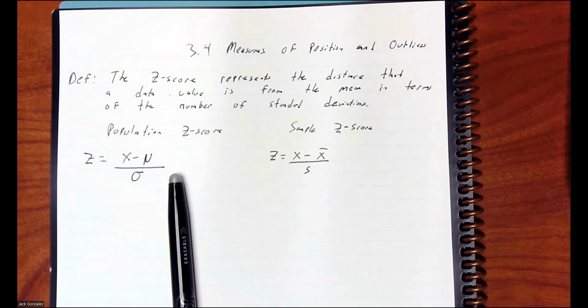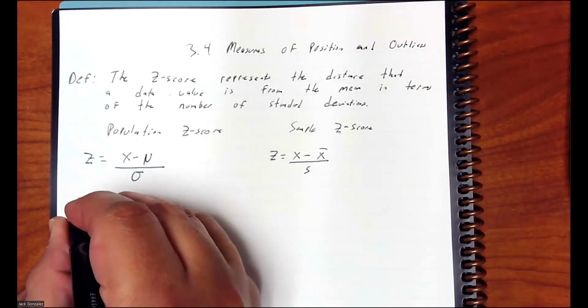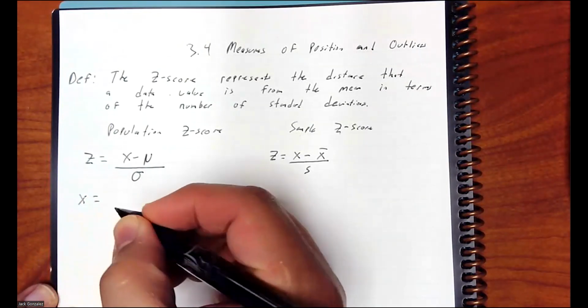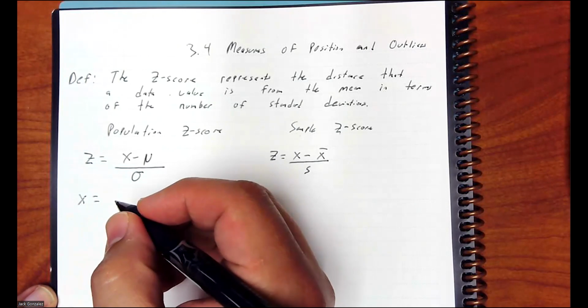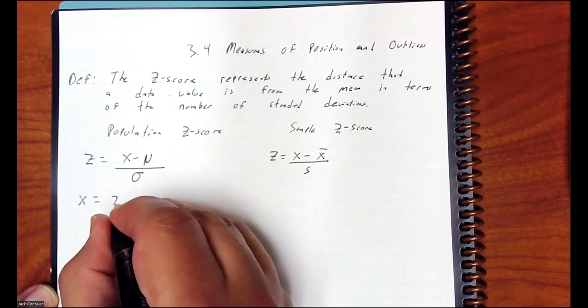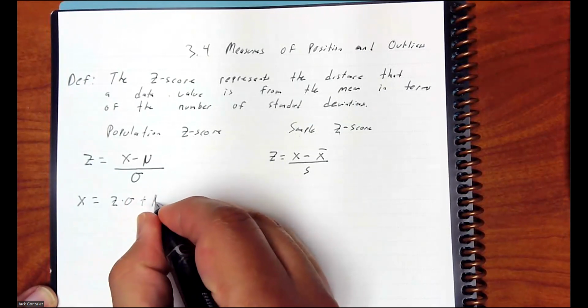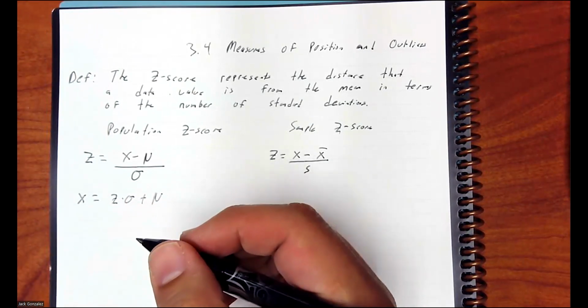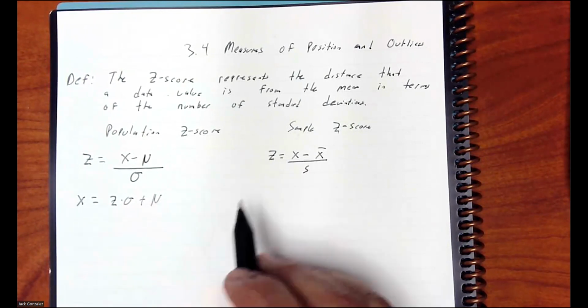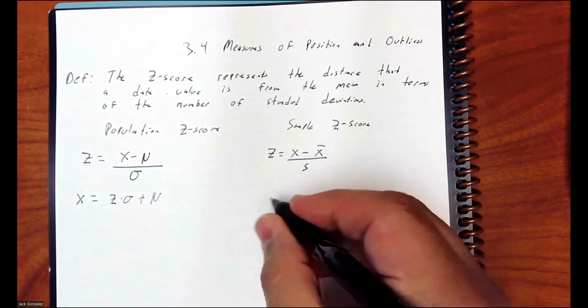Now you can manipulate the formula, solve for X or something else. I don't know if it'll come up, but just in case. If I solve for X, you agree that this would be X equal to Z times sigma plus mu, right? Just isolate X, it's using algebra. Isolate X here, you should have the same thing.